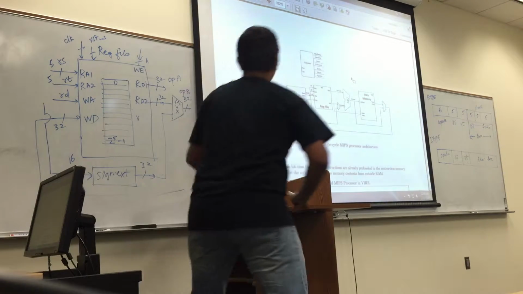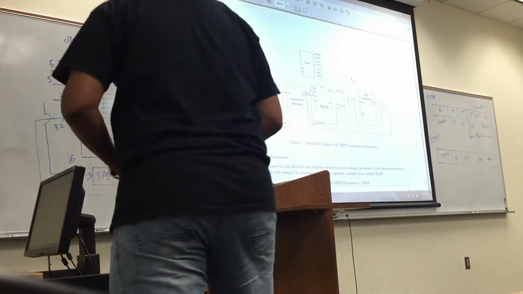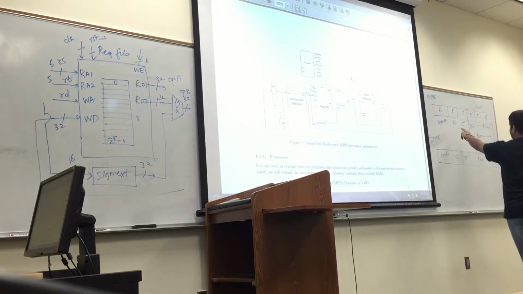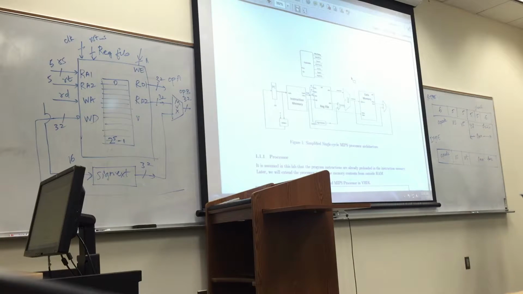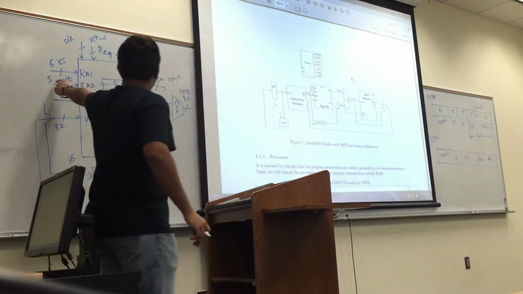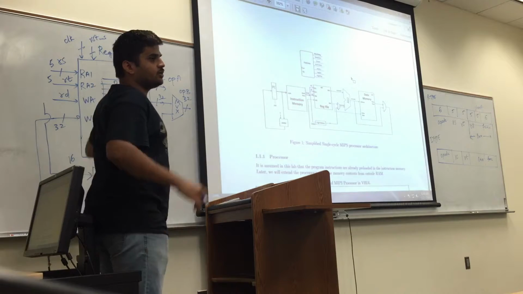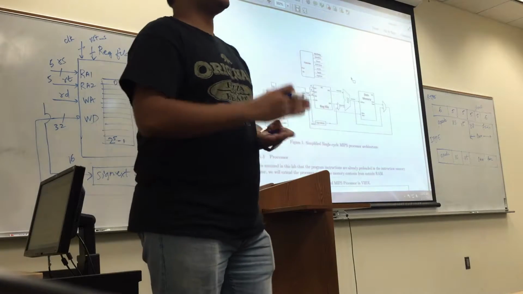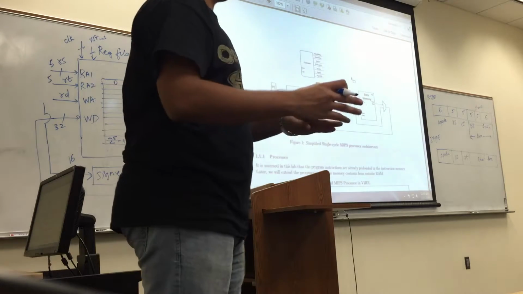Okay, so this is your register file. So once you decode this address, you will get RS, RT, RD, these values. So that RS and RT are fed to the register file. You know that you have register file wherein you will be reading some data from register file and you will be writing some data to the register file, right?